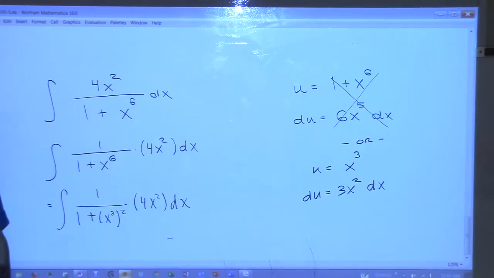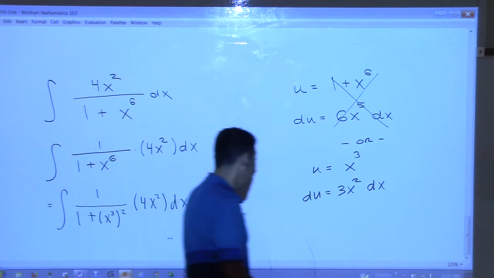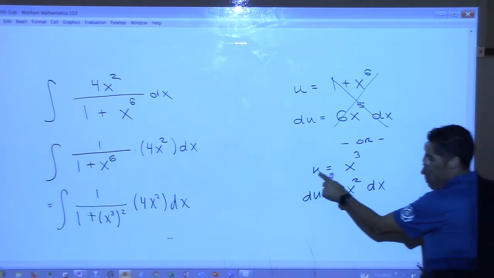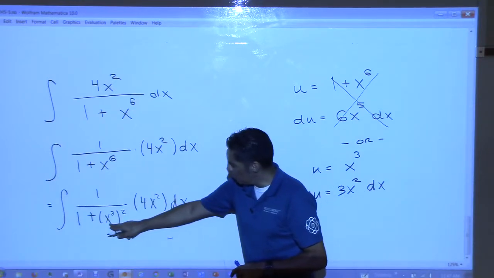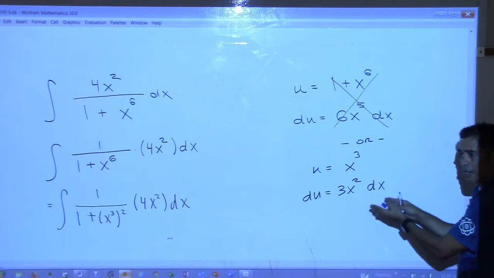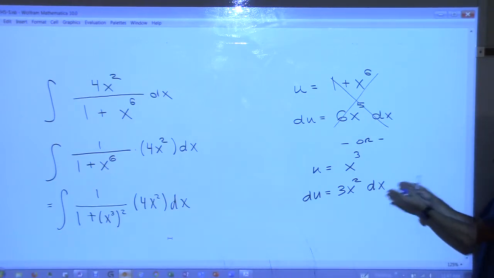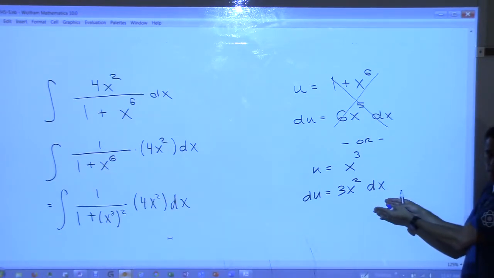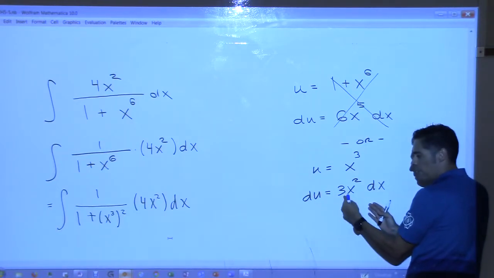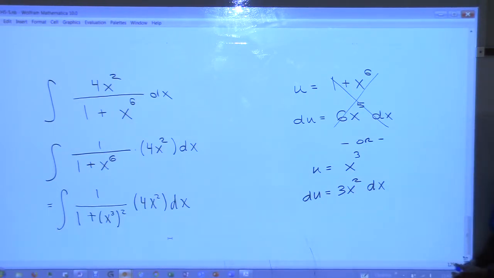All right. So I'm gonna kind of mess with this still. We know that x cubed will be replaced with u. We have 4x squared dx. Over here we have what? 3x squared dx? We'd really like it if this were 4x squared dx, right? So is there anything you can do on both sides of this equation to make this a 4 and not a 3?